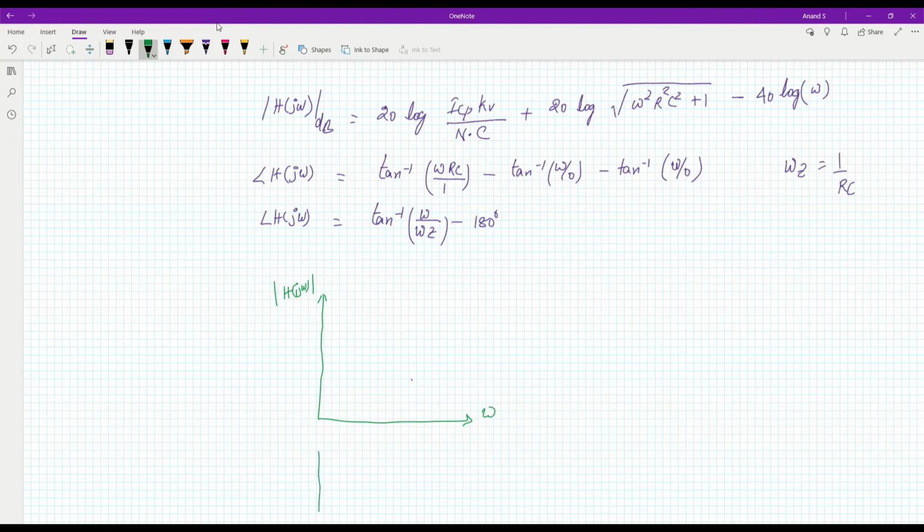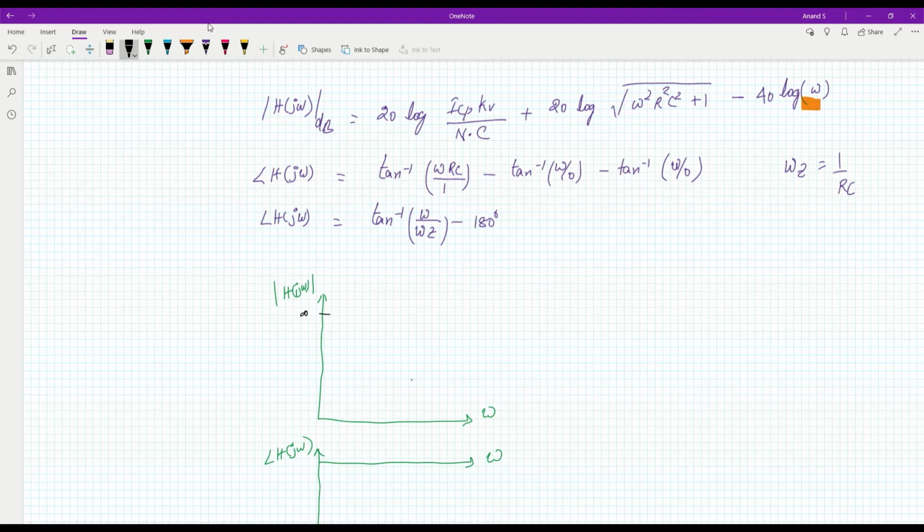Similarly, we have another graph where the y-axis is the angle of H of j omega and the x-axis is again omega. As omega is 0, log 0 will be infinity, so the DC gain will be infinite, and the plot starts somewhere at infinity.